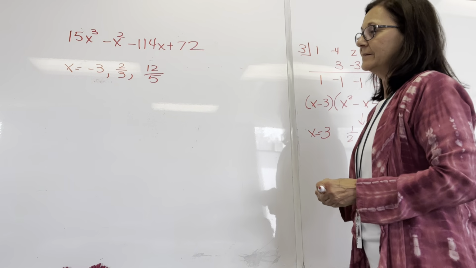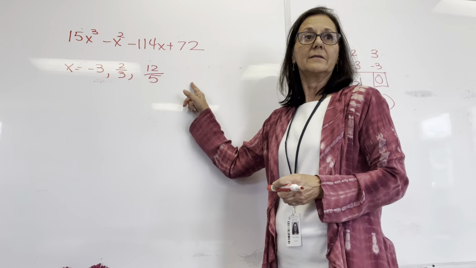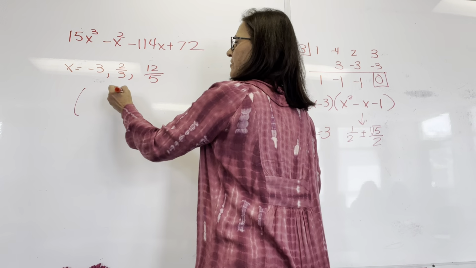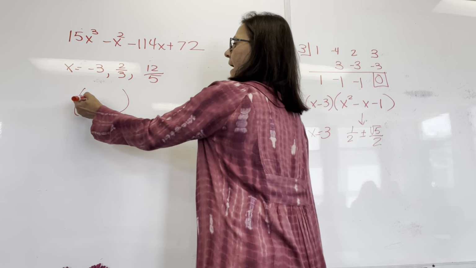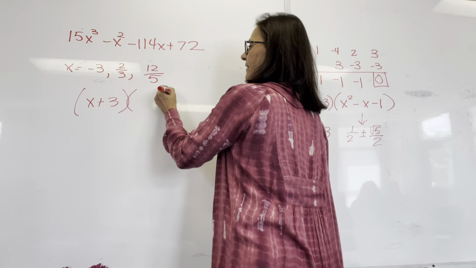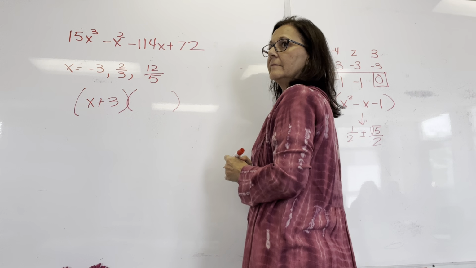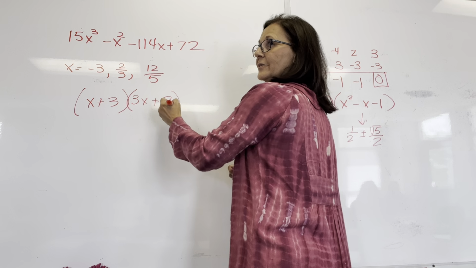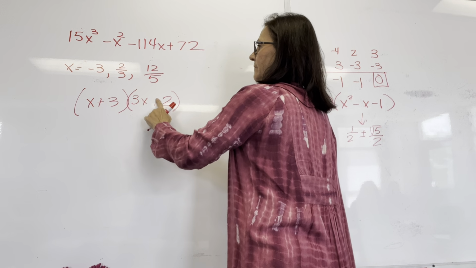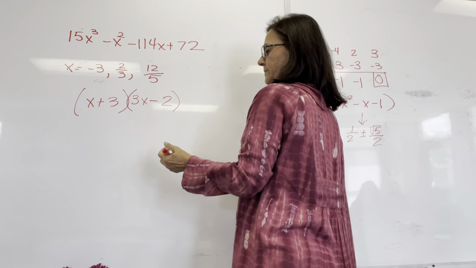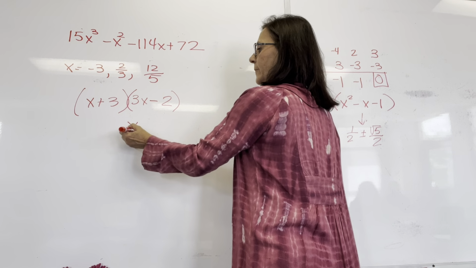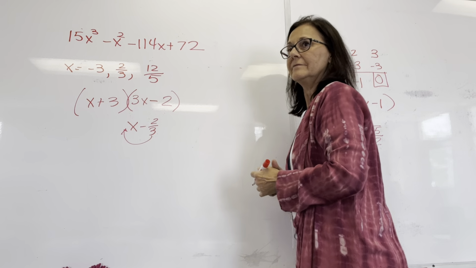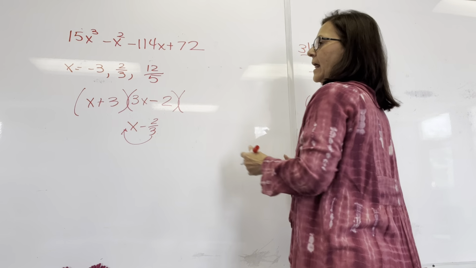Can we write the factors from this? Yes, we can. So what would the first factor be? X plus 3. What would the second factor be? 3x minus 2. Initially, it would be x minus 2/3, right? But your 3 comes out front. All right. And what's the last one?